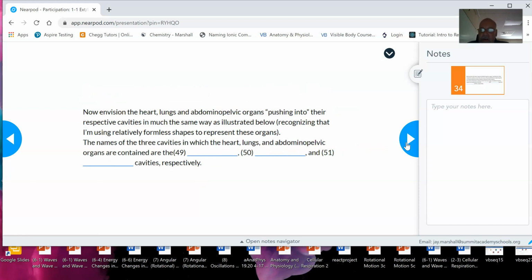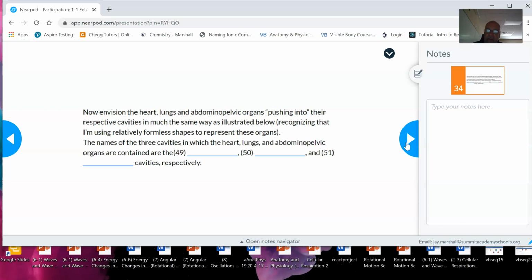Now, envision the heart, lungs, and abdominal pelvic organs pushing into their respective cavities in much of the same way as we talked about for the ball into a balloon, recognizing also that I'm using fairly formless shapes to represent organs, just something that makes this illustration as easy as possible.